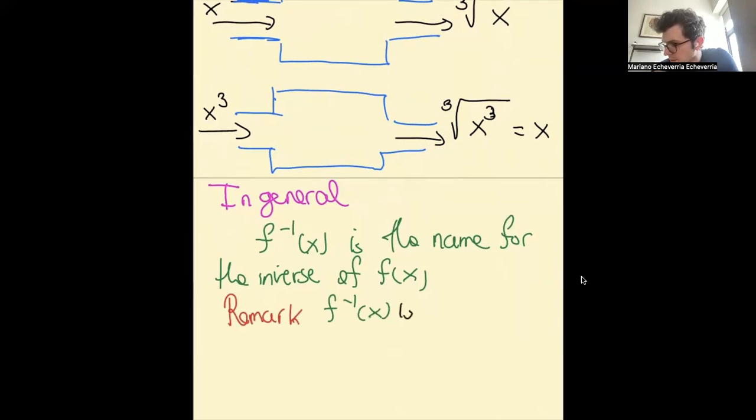It's not the same as 1 over f of x. It is an unfortunate accident that it looks like 1 over f of x, but it has a different meaning.